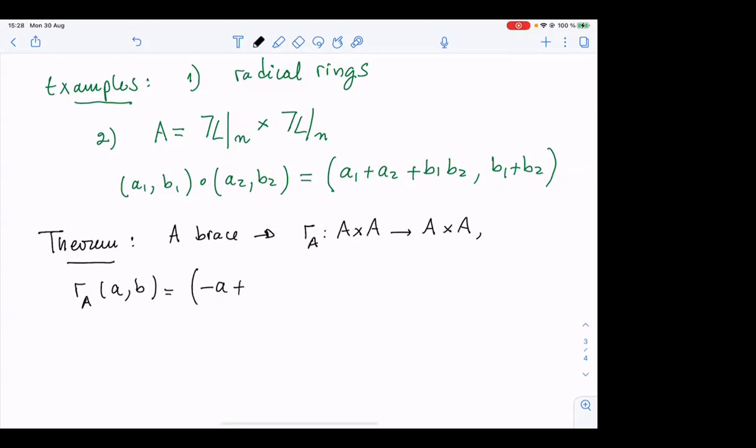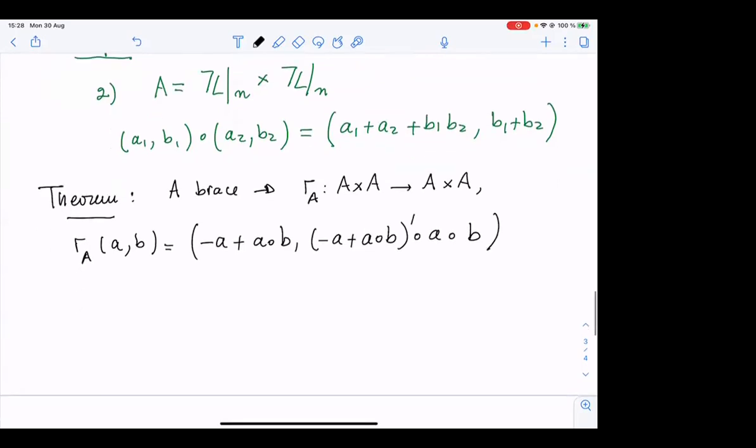So you do this, and then you again do this thing. You take the inverse and then circle A, circle B. Then this is a solution. Remember that solution means non-degenerate involutive solution.